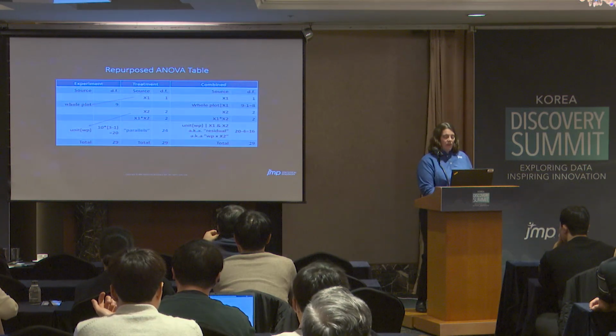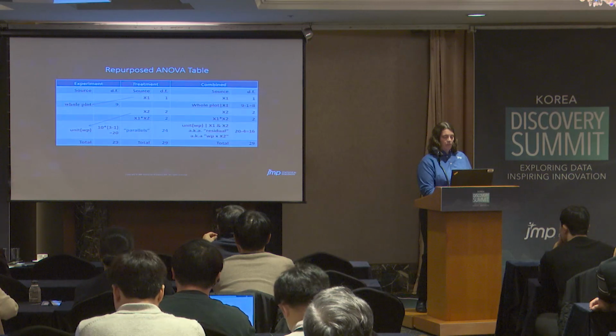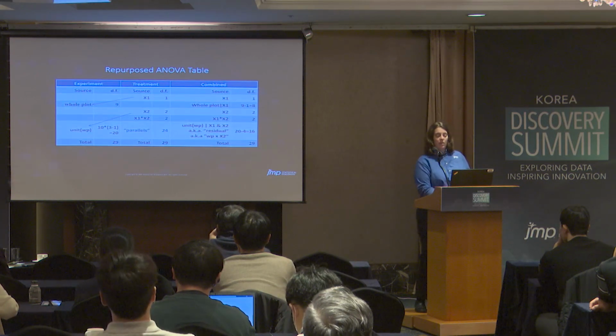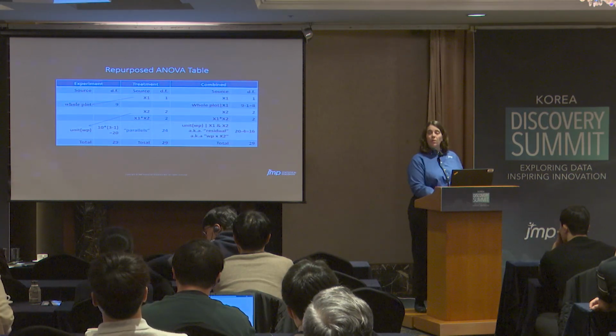And I want to point out here this lower right-hand corner with the residual. In a linear mixed model, when we're fitting that normal response, we have that residual variance that we're estimating. But in the binomial and the Poisson distributions, we don't have a second parameter to estimate. There is no residual term.